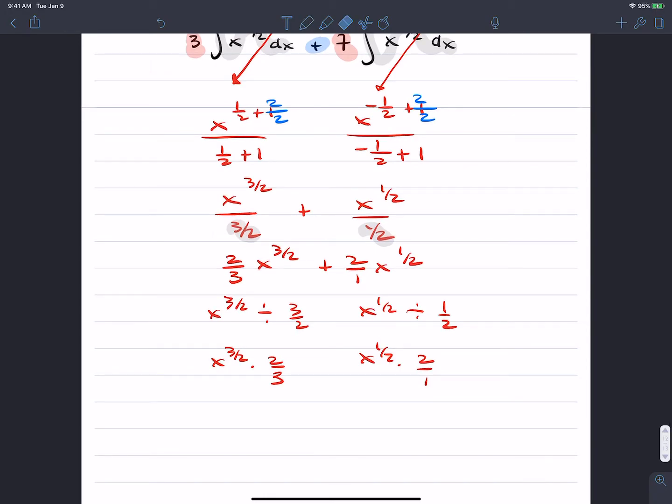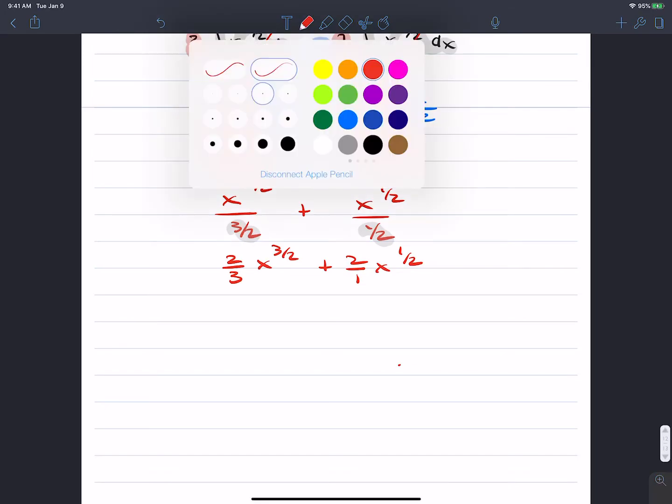So, okay. Let's not forget our constants here. So we need to change this. Here we go.